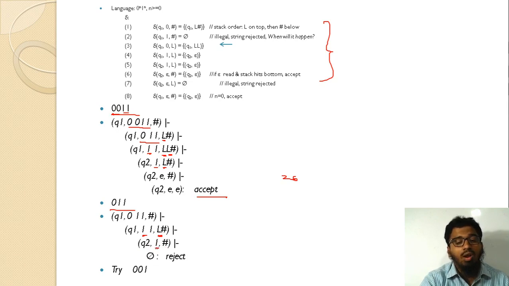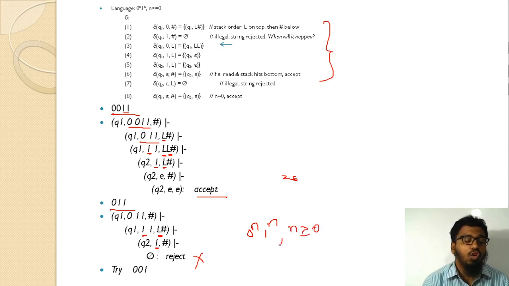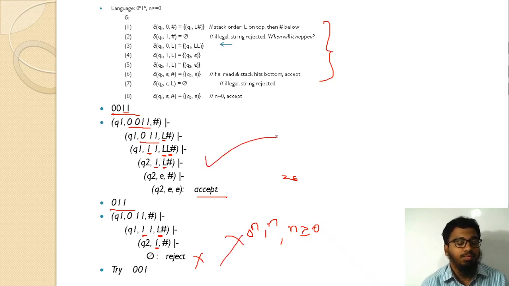When we have 1, we need to pop from the stack, but the stack does not have any zeros available. That means this string is not accepted by 0 power n, 1 power n, n greater than or equal to 0. It is not accepting this one. This is accepting. I hope you understand this.